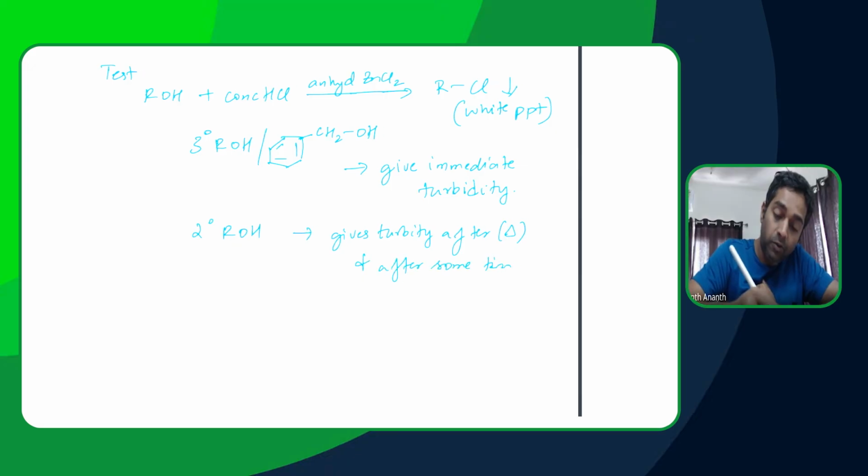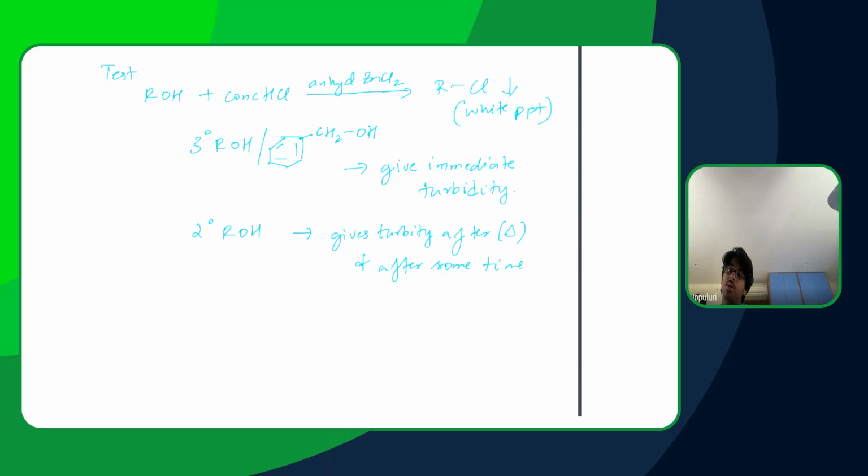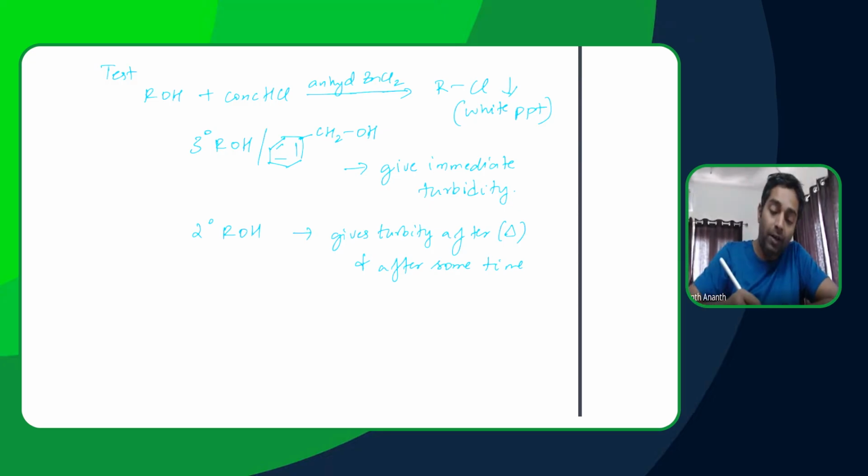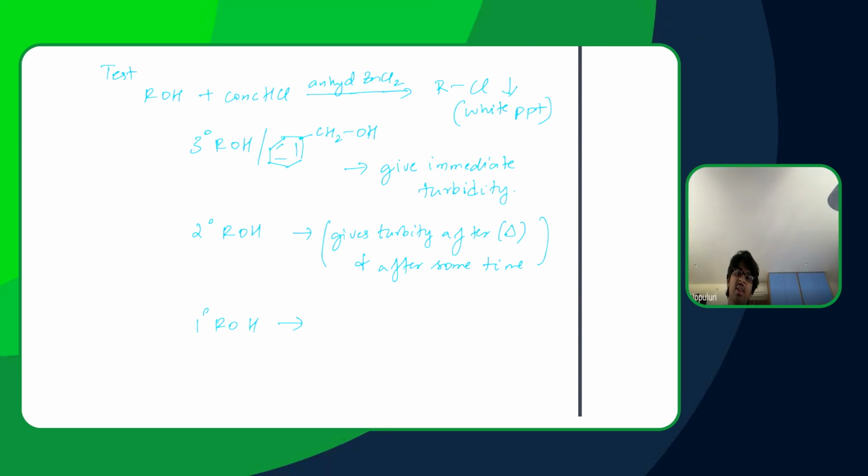We need to heat it also. Oh, all right. But only for 1 degree or 2. Okay. So for secondary alcohol over here, you will have to heat it to have a chance of getting the product here. 1 degree ROH. What's the observation? After a long time, and then you have to heat a lot.